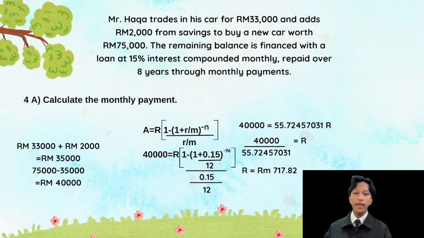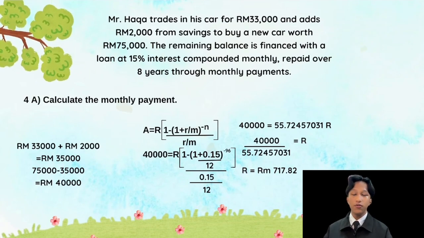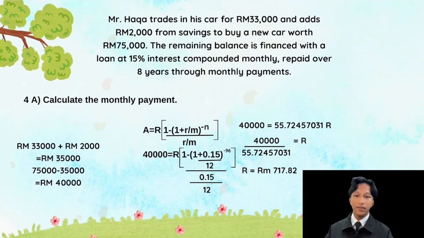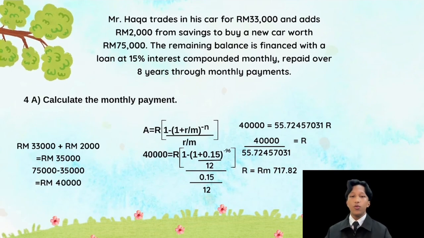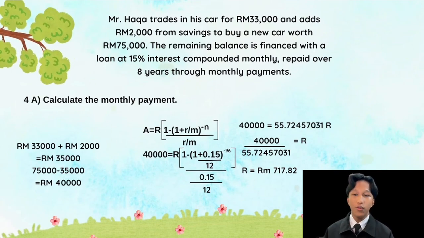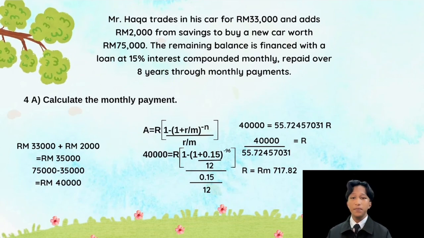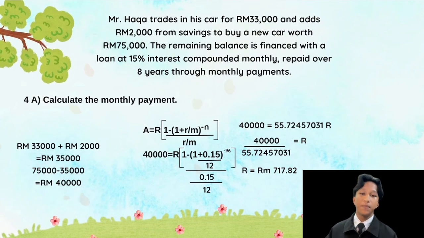For question 4a, the first step is we need to combine the two values, which are 33,000 ringgit and 2,000 ringgit, and we will get 35,000 ringgit. With that amount, we need to subtract it from 75,000 ringgit, and we will get 40,000 ringgit.